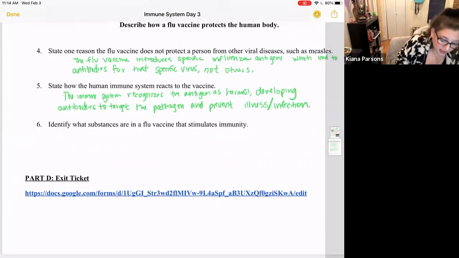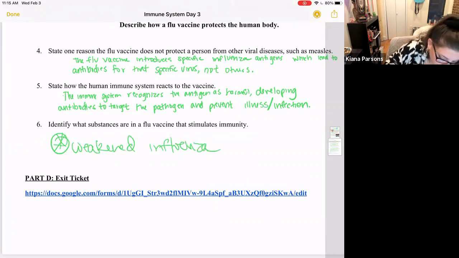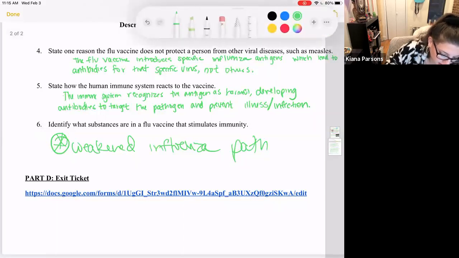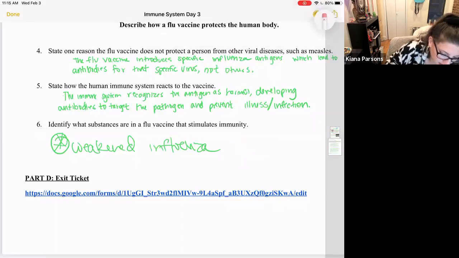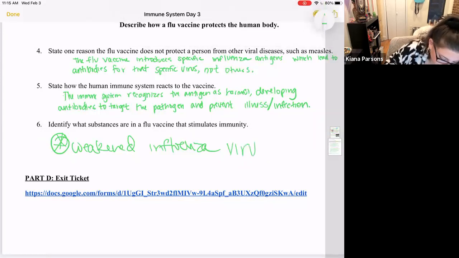Identify what substances are in the flu vaccine that stimulates immunity. Weakened influenza pathogen, or in this case, we know the pathogen is a virus, and the specific part that they put in the vaccine are the antigens.